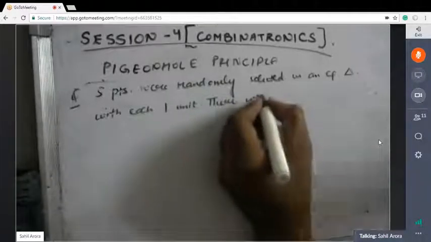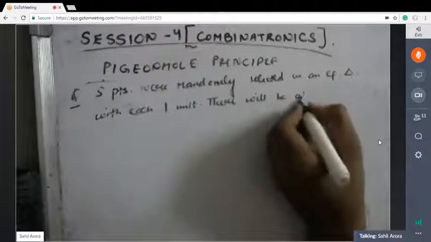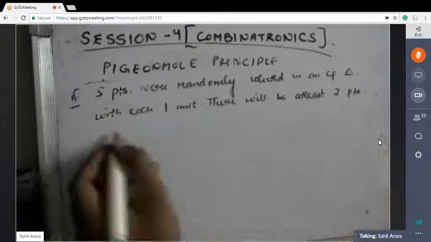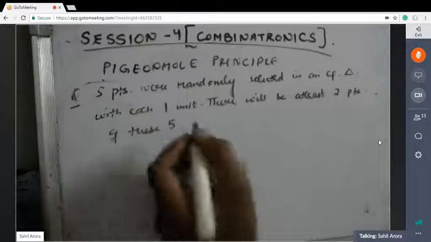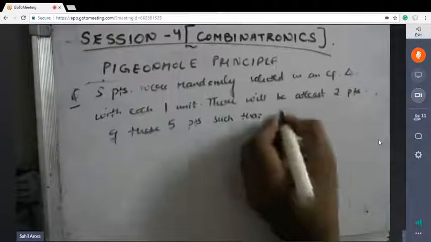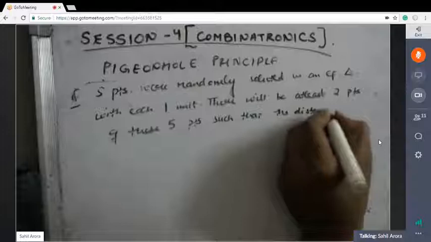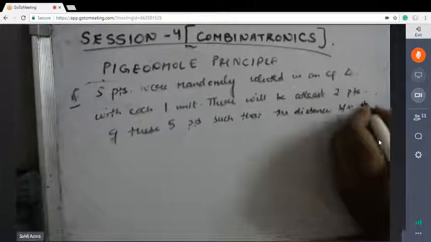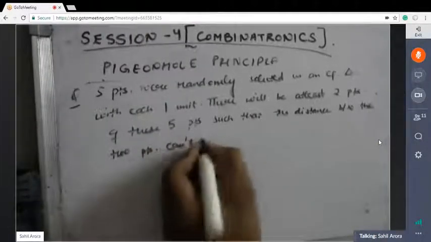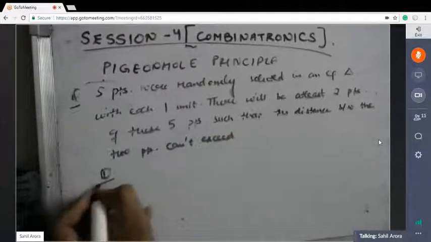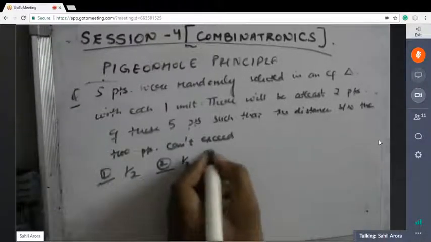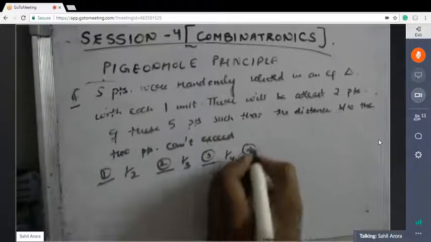There will be at least 2 points of these 5 points such that the distance between them cannot exceed, and options are given: option 3 is 1/3, option 4 is 1/5.